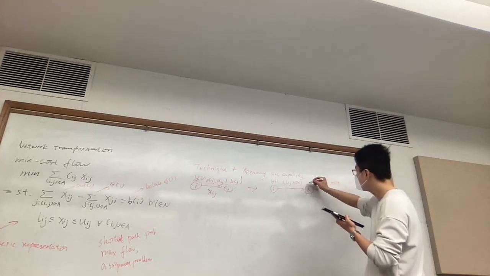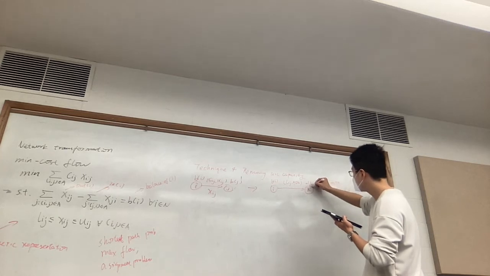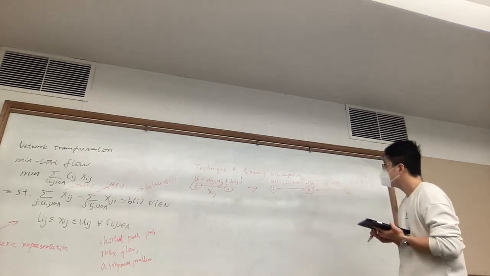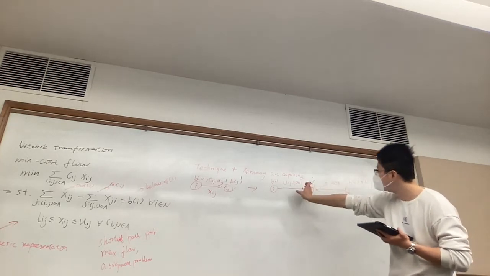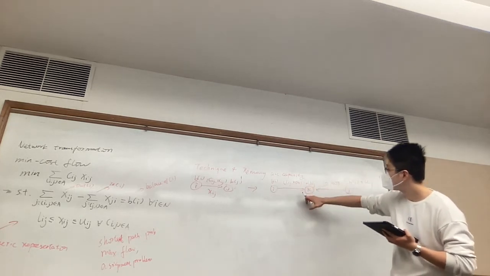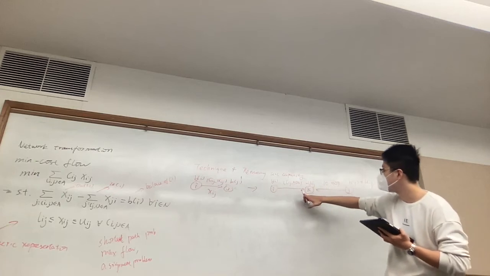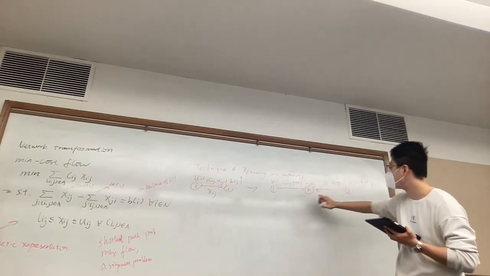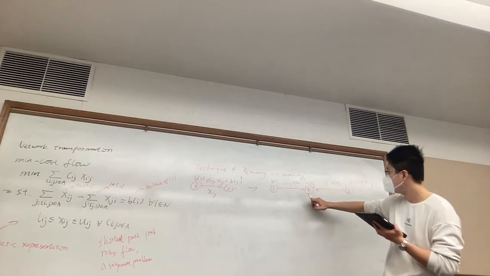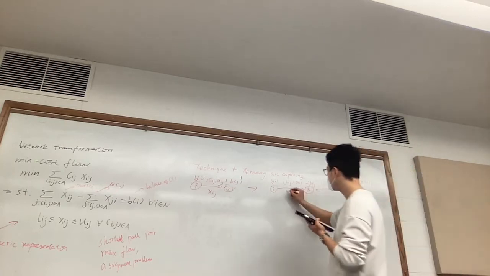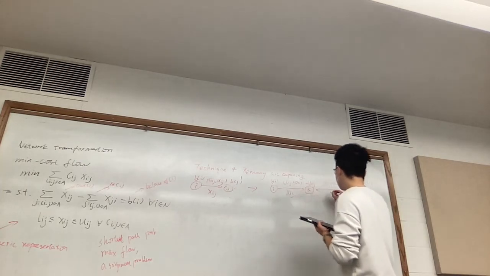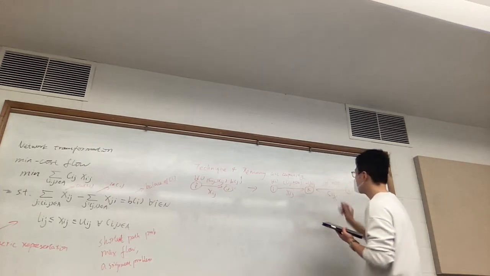And for k, it's negative uij, meaning that for all the flows that come to k, because k only accepts the flow from i to k and the flow from j to k, the total flow should be minus uij, and it's xij, sij.